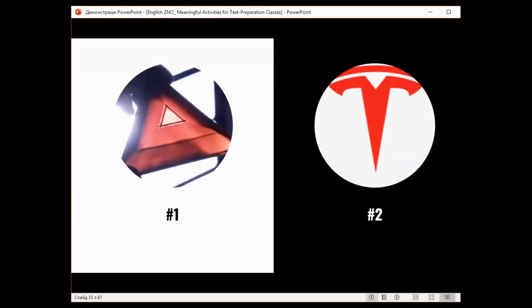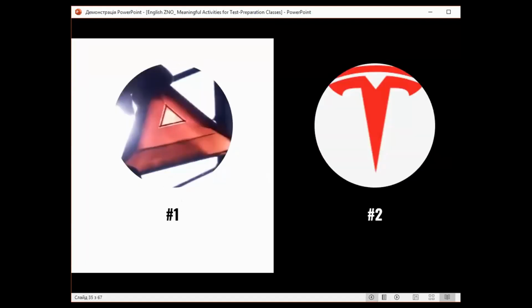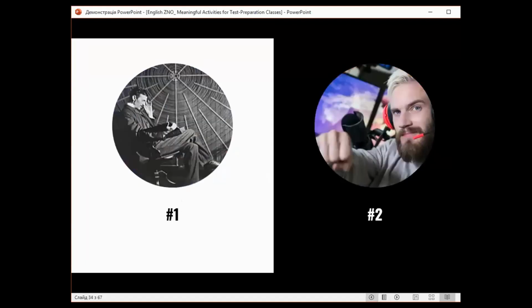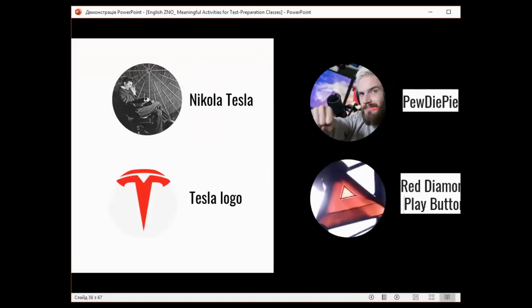Okay, and now how are these two pictures connected to the pictures of these two men, do you think? Is there any relation? Yeah, Tesla, okay. Yeah, who wrote this? Victoria is correct.